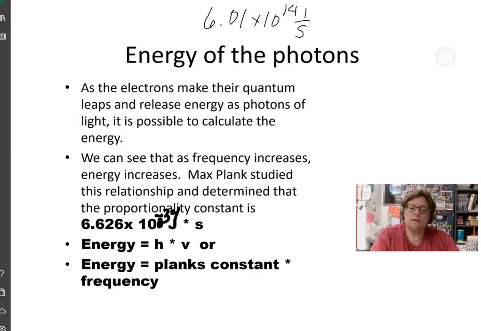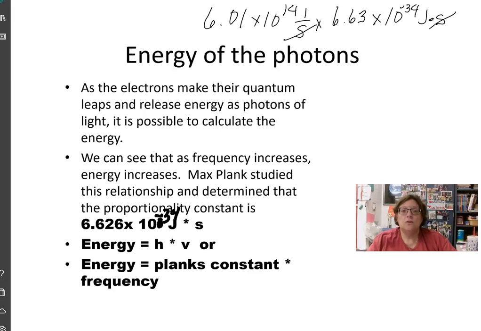The conversion factor is 6.63, I'm going to shorten it a little bit, times 10 to the negative 34th joule seconds. Seconds cancels, we get joules. Joules is energy. If you think back to when you did heat in Gen Chem or Honors Chem, heat was in joules. You may have done that in physics too.